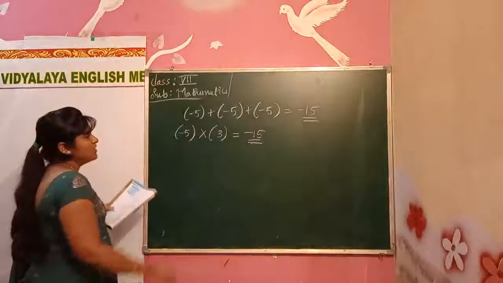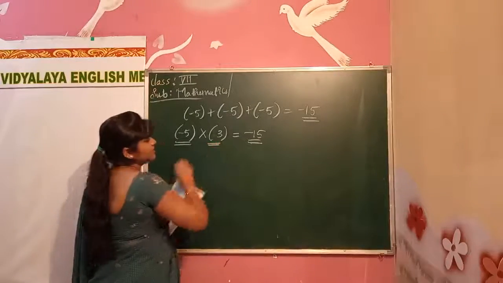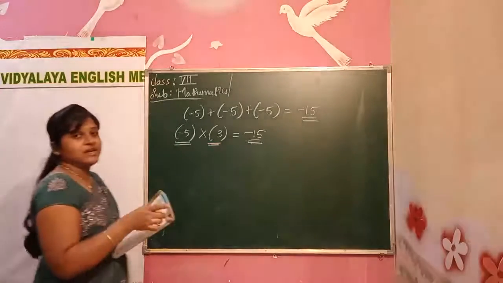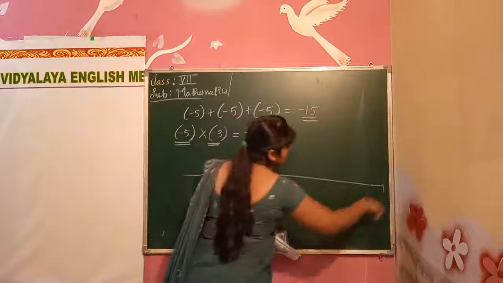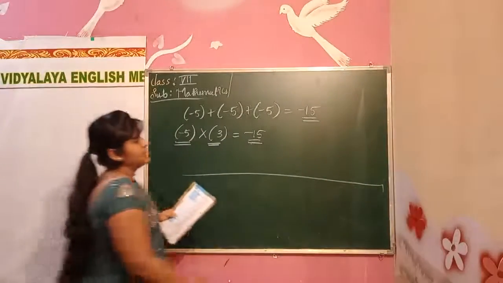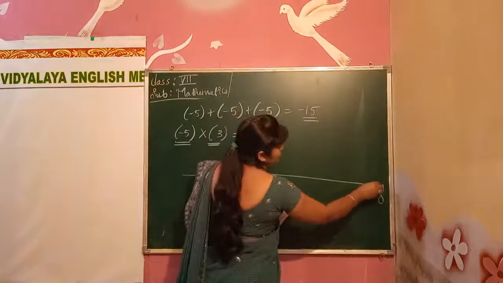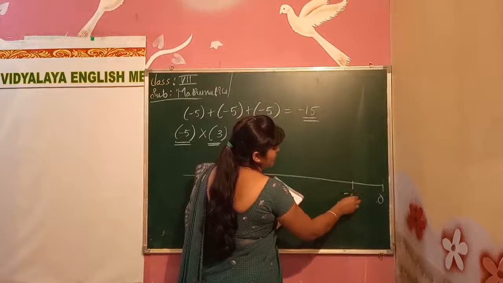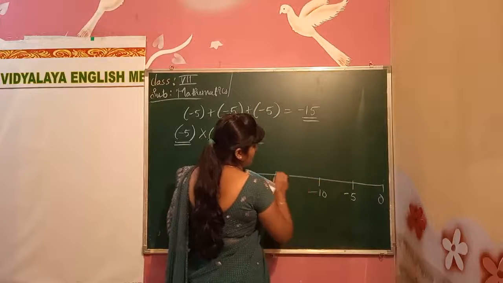We jumped 5 three times. In this one we can write it on the number line. On the number line, here we have a 0. Here we have minus 5, minus 10, minus 15.